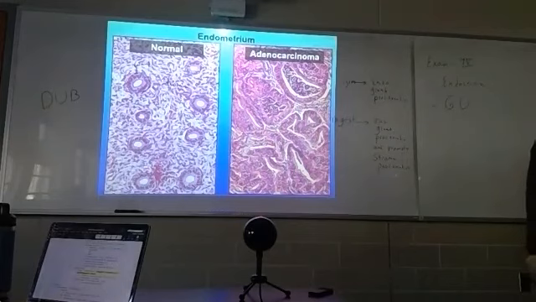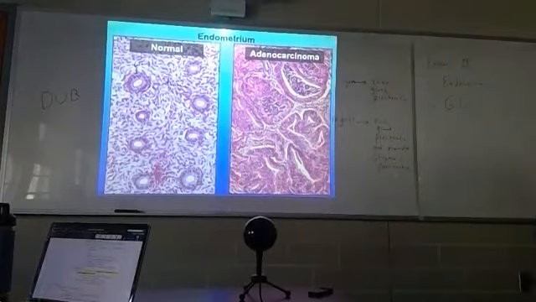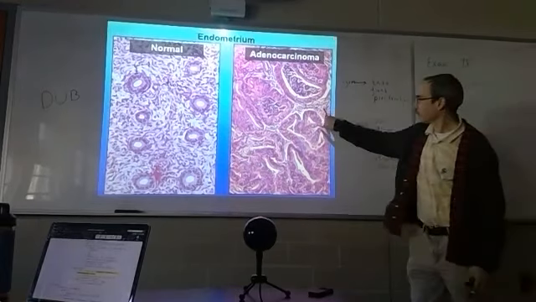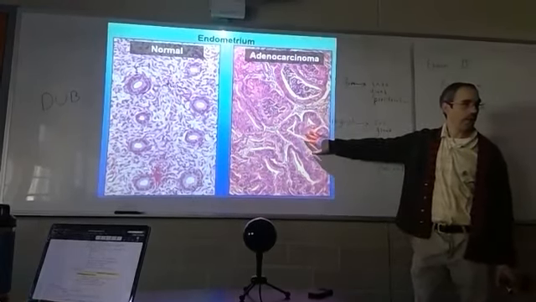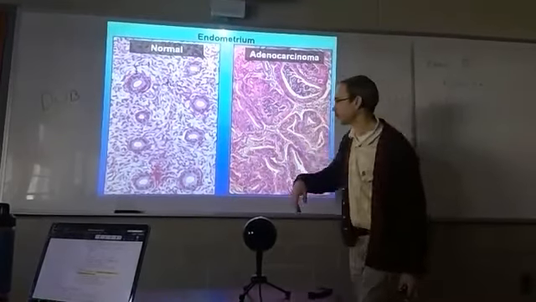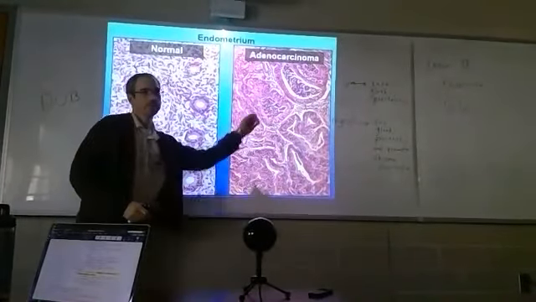That's typical of an adenocarcinoma. Just what you'd expect. Very little stroma, and that's because the stroma is not neoplastic. In adenocarcinoma, only the glands are neoplastic. And that's why you have very little stroma here and lots of glands.